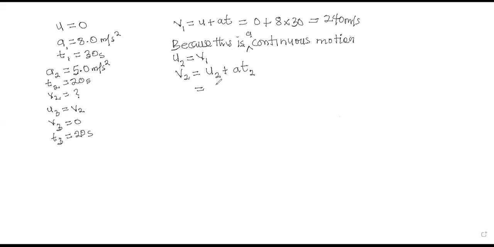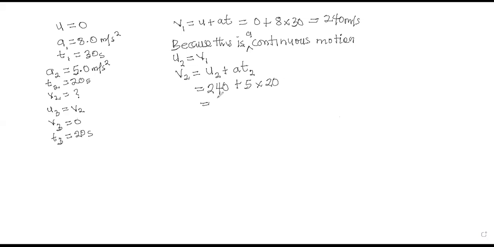And what is U2? U2 is equal to V1, so 240 plus 5 meters per second squared times 20 seconds.